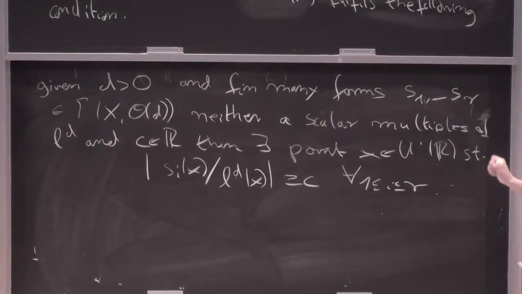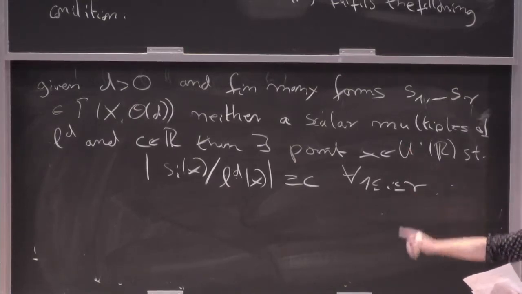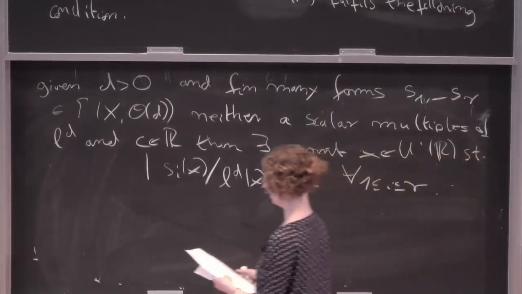So for example, this x minus y and x plus y would be two functions, or the three coordinates x, y, z, or f and g, the example in between.